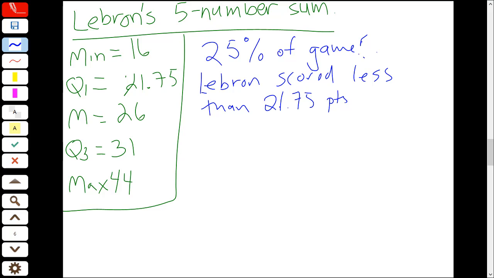That's what the first quartile tells you. So between the first quartile and third quartile, that's going to be 50% of his games. All right, so note that.